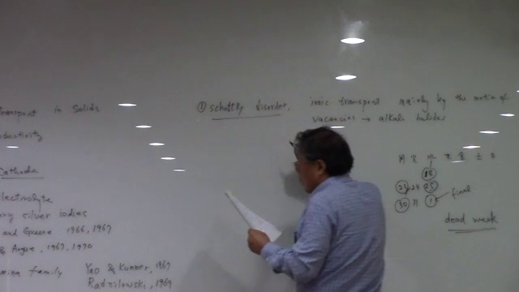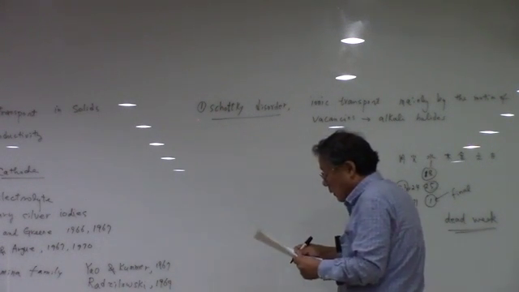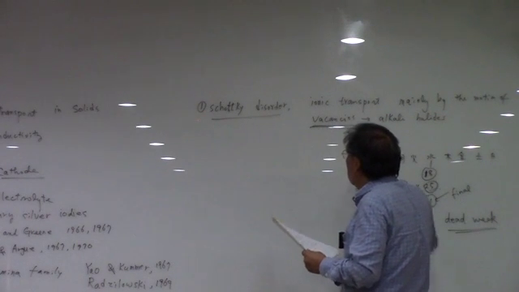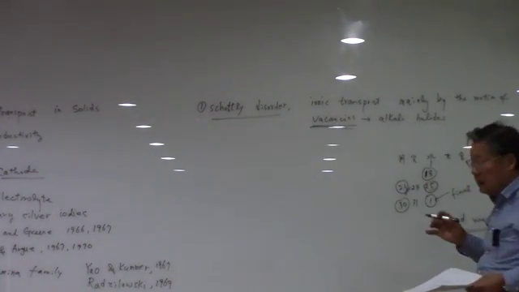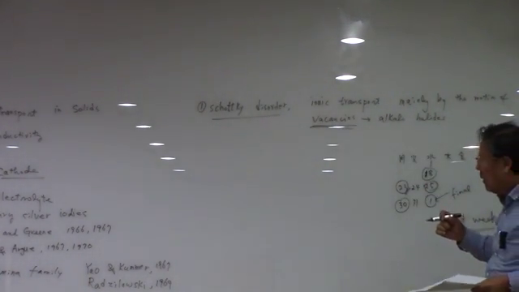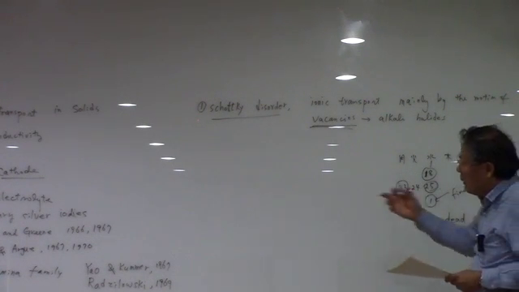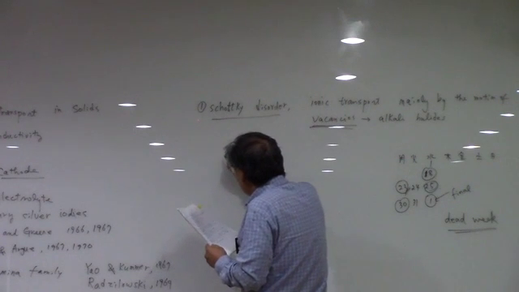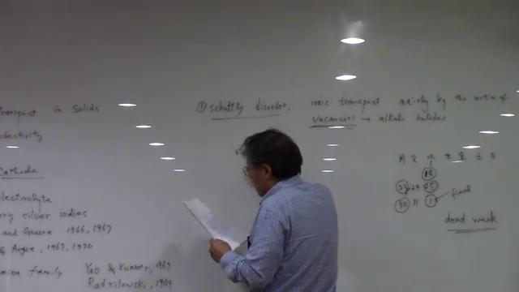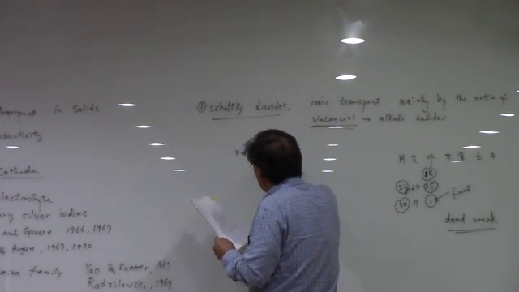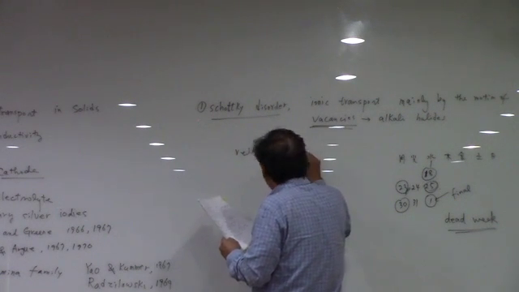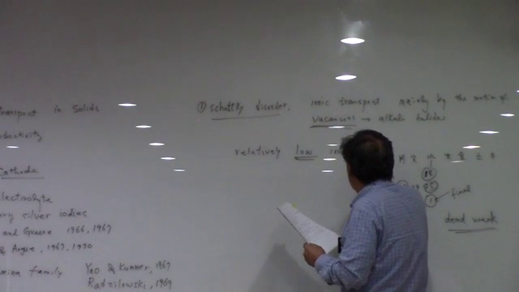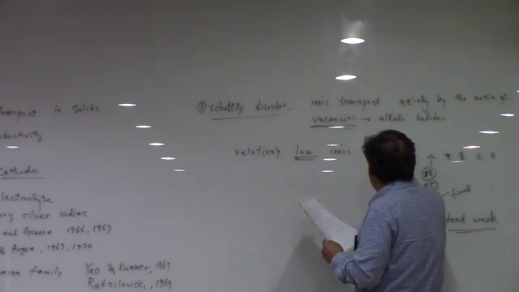And the Schottky disorder is, since the vacancies are the main defects that show the ionic conductivity, it should be relatively low ionic conductivity.